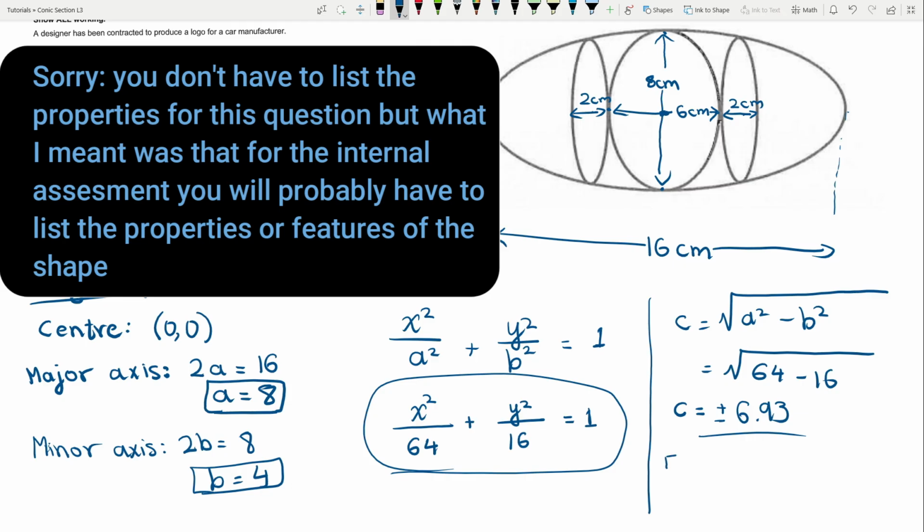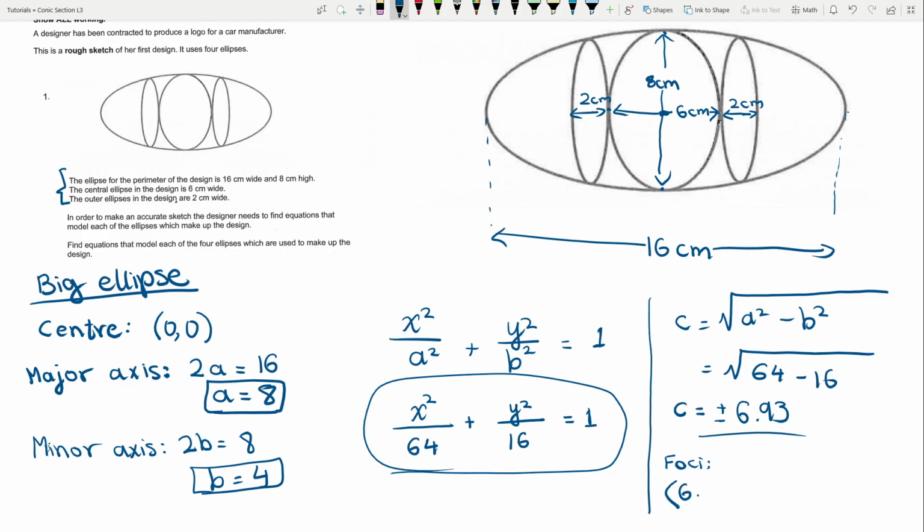So how we are going to write this is foci, right, is 6.93 and negative 6.93, and the y is 0. So the foci is around, if this is the center, right?